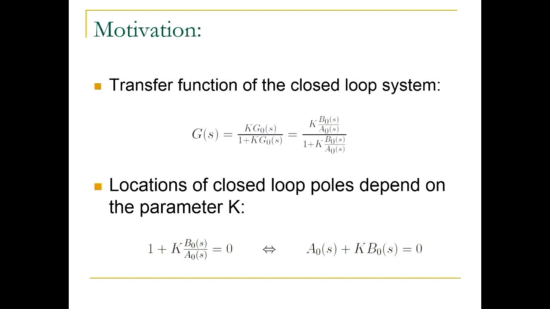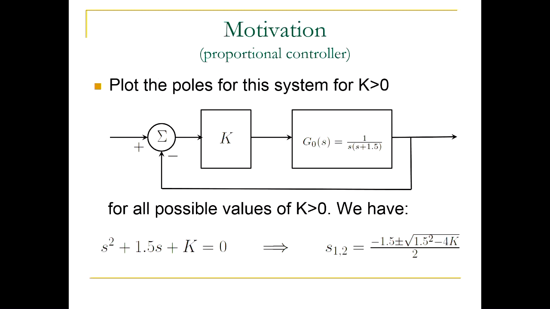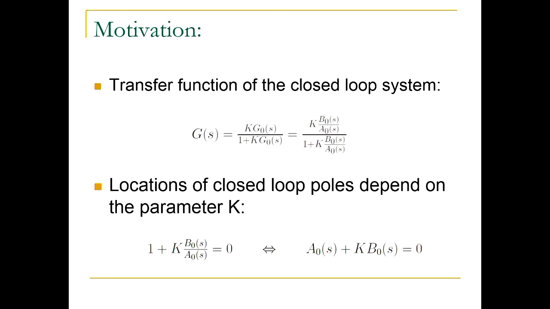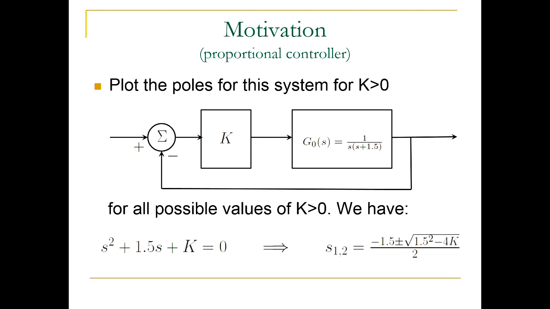So in this case, G0 is 1 over s times (s plus 1.5). So that's what G0 is, right? And then I plug it into this equation, and this is what I get. All right. So because it's a second order polynomial, I can explicitly write solutions of this second order polynomial, like zeros, right?